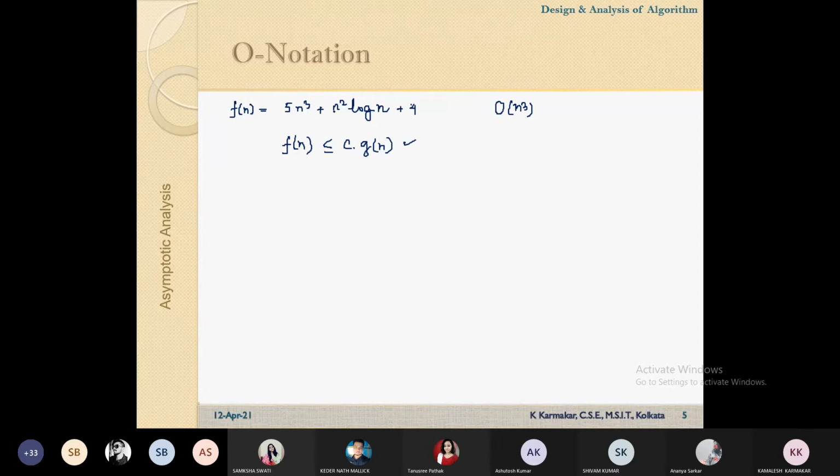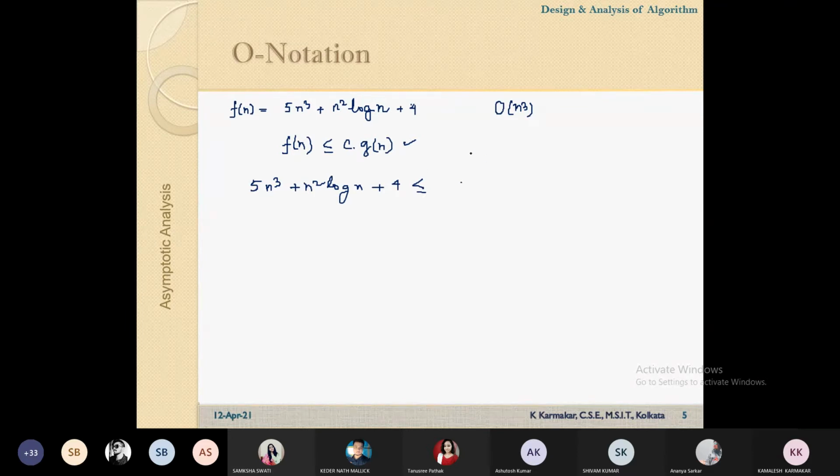So f(n) is given. So we can put it like this: 5 into n cube plus n square log n plus 4. Now we have to calculate some constant value and g(n). So what will be the constant value?